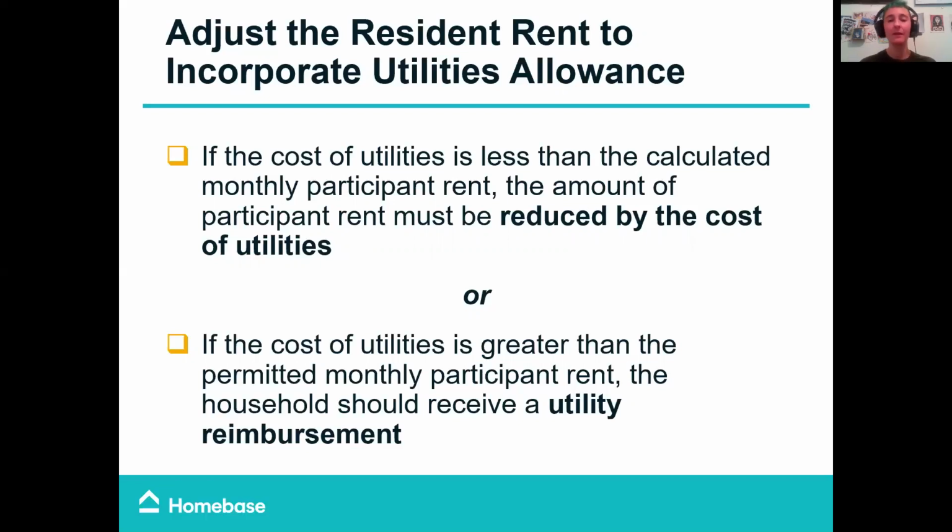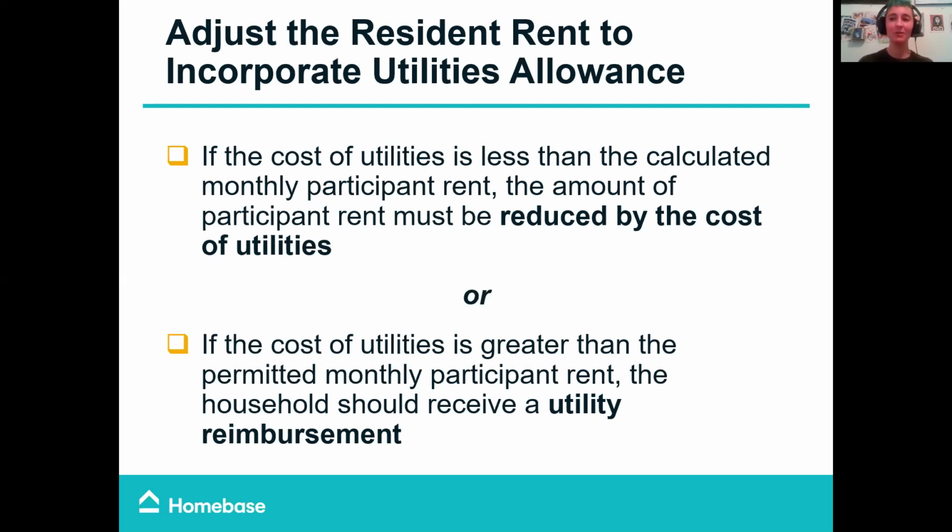In some cases, their client portion of rent is minimal, maybe they have $20 monthly, which is their calculated client portion of rent, but the reasonable cost of utilities for them is $50. Then they're actually going to get a utility reimbursement from you out of your rental assistance funds or your leasing funds. So that's going to be the difference between what they should be paying and what they're paying in utilities plus rent.